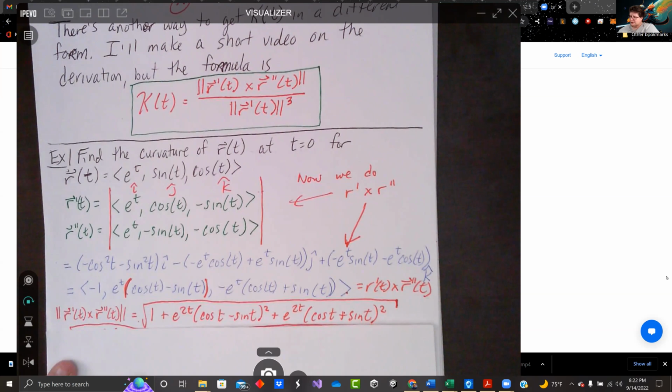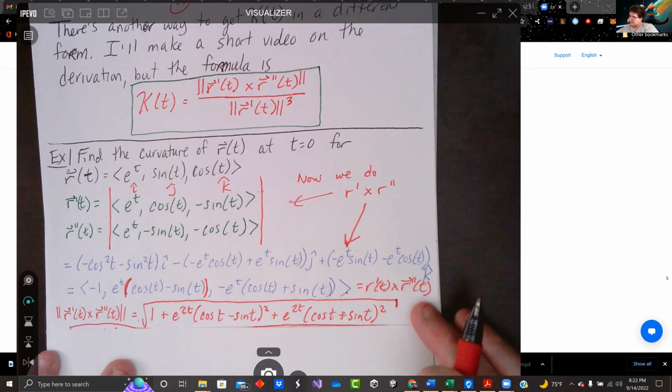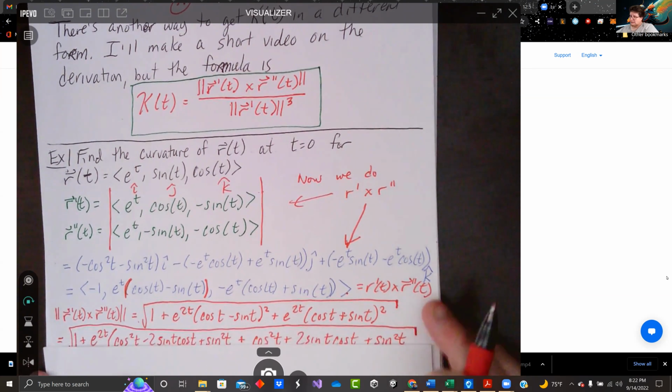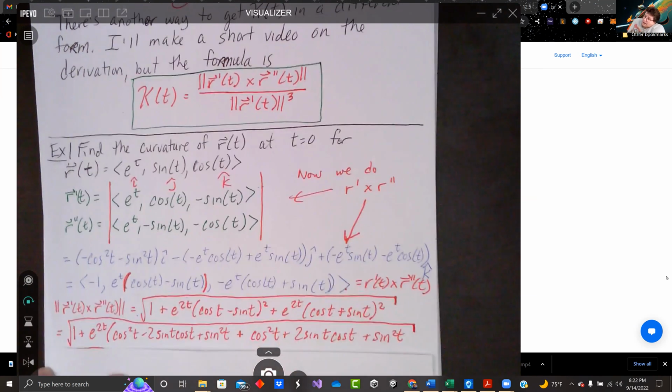So doing the magnitude here was straightforward. I could have plugged in the values first, but this bit is going to show up more than once. We have a couple other problems like it, so I want you to see it. Squaring each part, we got 1, and then e to the t squared is e to the 2t, and then we have the square of that parentheses and the square of that parentheses.